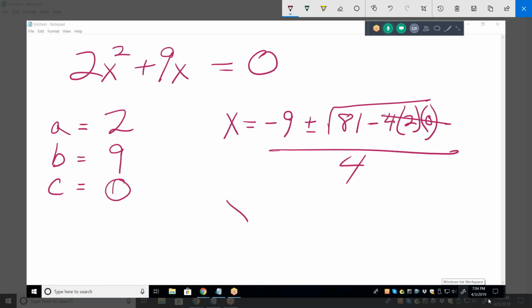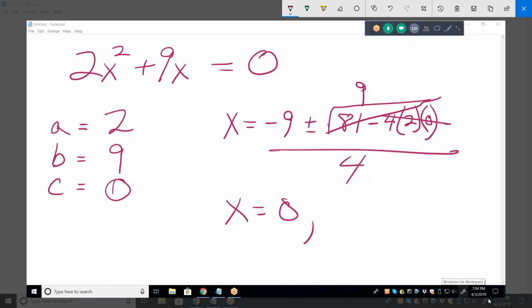And what are our two answers? So what's the square root of 81? The square root of 81 is 9. Okay, so let's cross that out and replace it with a 9. Now do minus 9 plus 9 divided by 4. So that'd be 0.